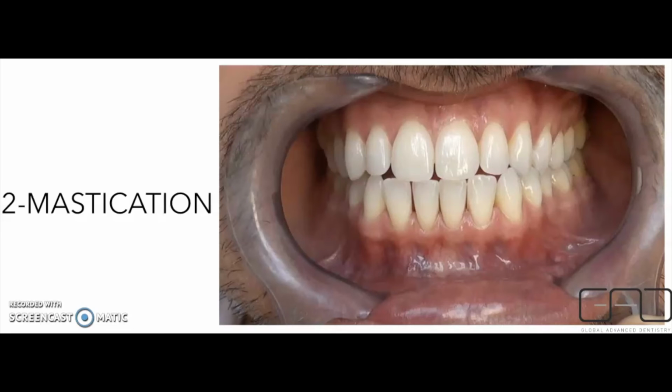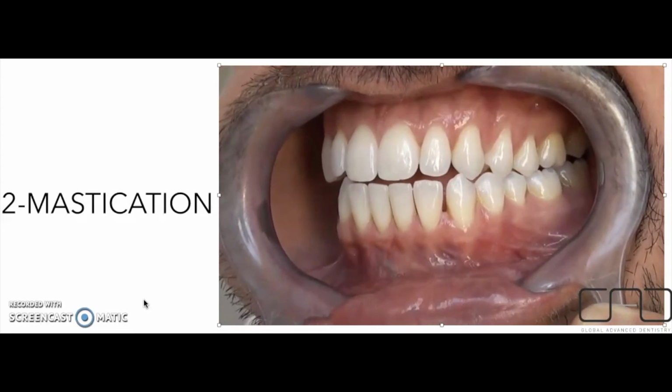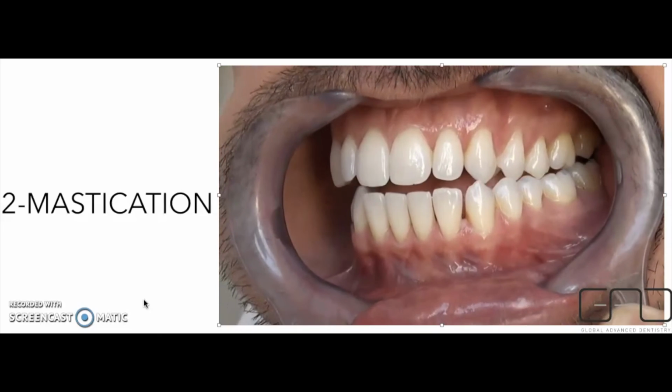And for mastication, mastication is something very special. Mastication is different than canine function. If you want to see this video, you will see mastication, and we have a contact on the molars, premolars, and canine. This is mastication.